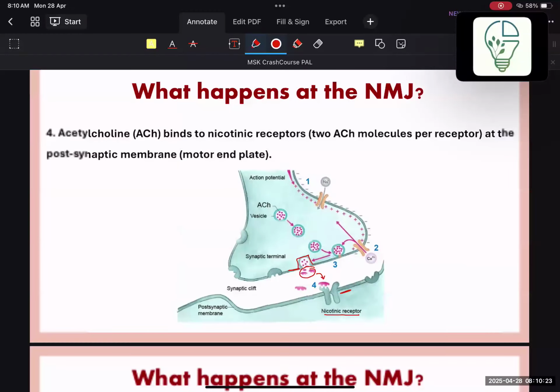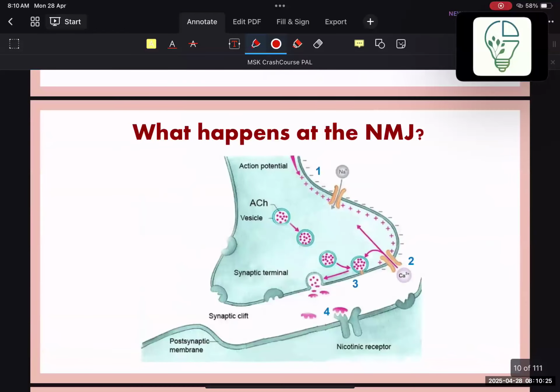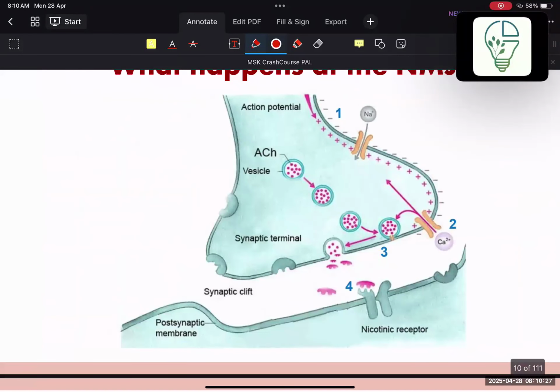So before we move on, let's just take one quick recap of what I've just explained. First of all, you'll have a nerve signal going down the nerve, and this nerve signal takes the shape of an action potential. Action potential means that you're depolarizing your membrane, or you're making it more positive. This depolarization is going to make you open your voltage-gated calcium channels, specifically at the level of -40 mV.